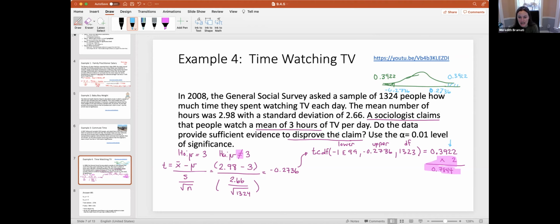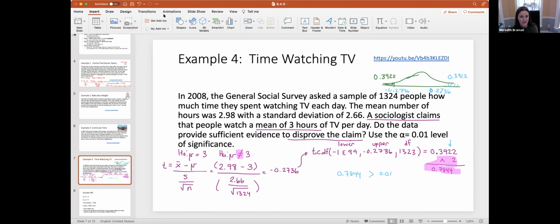Now that I have my p-value of 0.7844, what are we comparing it to? 0.01. Yeah. And is it less than, greater than, or equal to? Greater than. It is super greater than, okay?